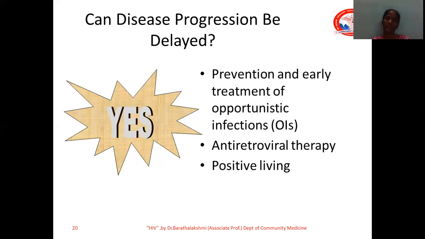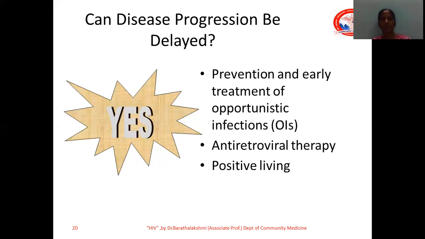And this is for the person who has an active infection. For the person without infection, we have to follow the preventive aspects. One can practice primordial prevention by following good habits: avoiding premarital sex, avoiding multiple sexual partners, and not getting into drug use activities like intravenous drug use.